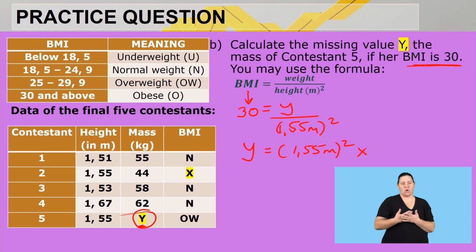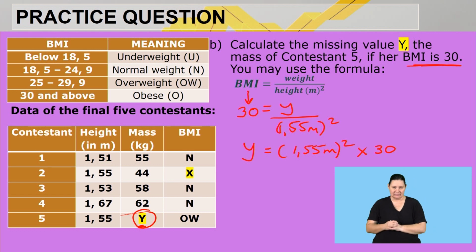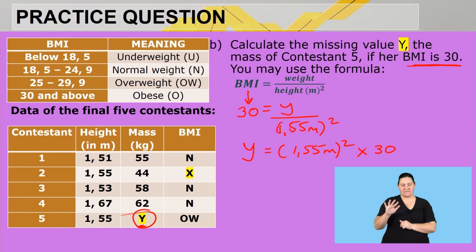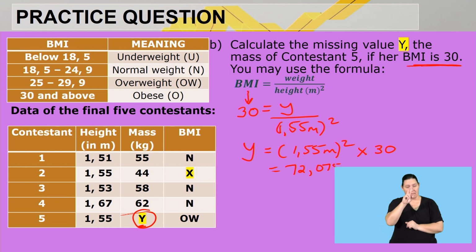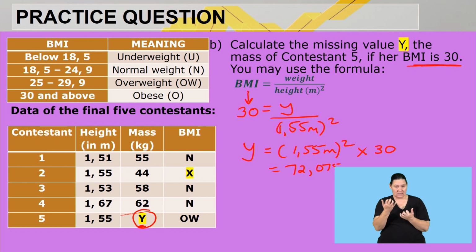So 1.55 squared multiplied by 30 gives us an answer of 72.075. Okay, and remember, what are we calculating now? We're calculating the mass.